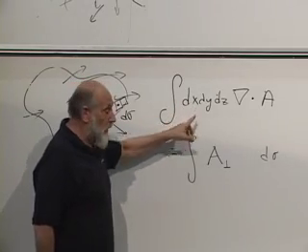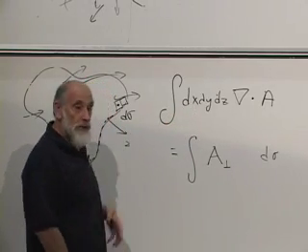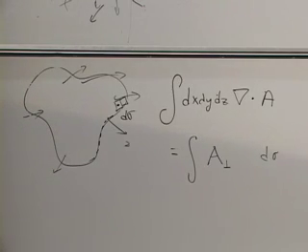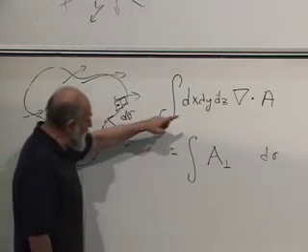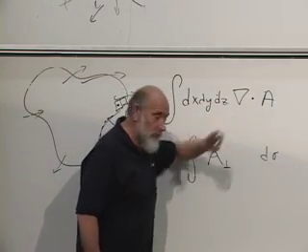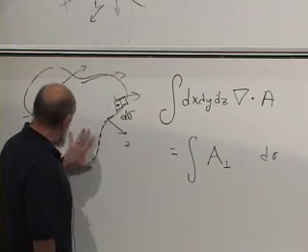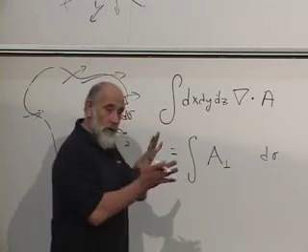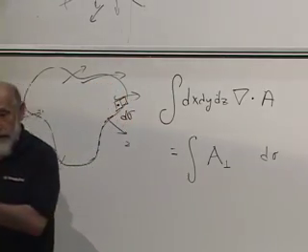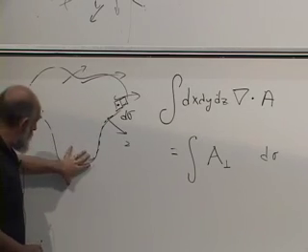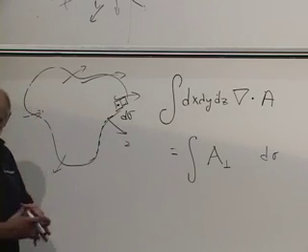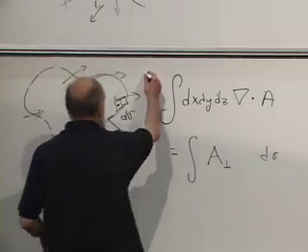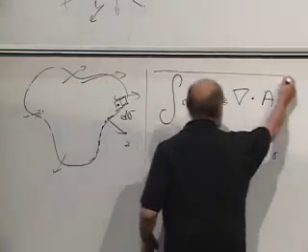And that has to be equal to the amount of fluid that's being generated in the interior by the divergence. This is Gauss's theorem, the relationship between the integral of the divergence on the interior of some region and an integral over the boundary where it's measuring the flux, the amount of stuff that's coming out through the boundary. Fundamental theorem.